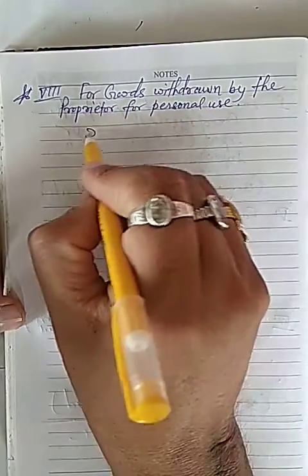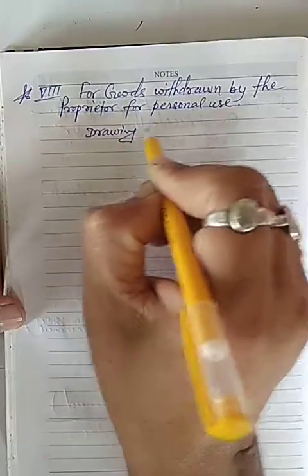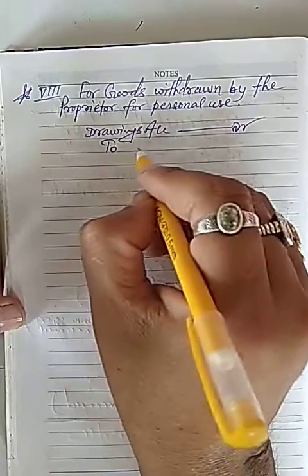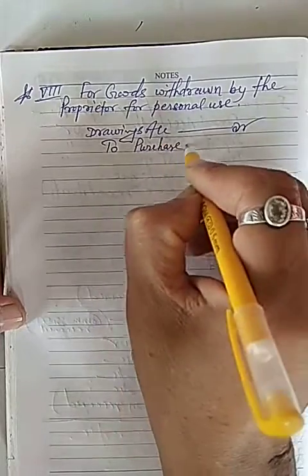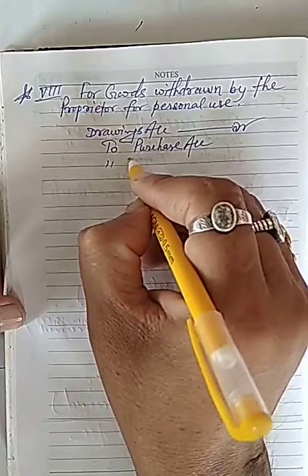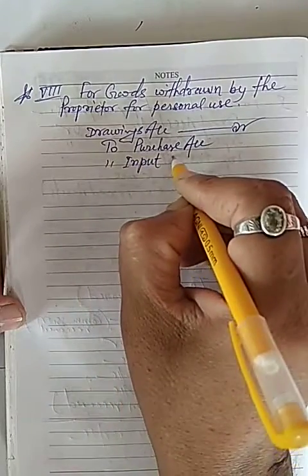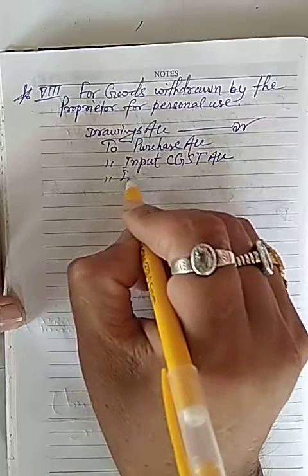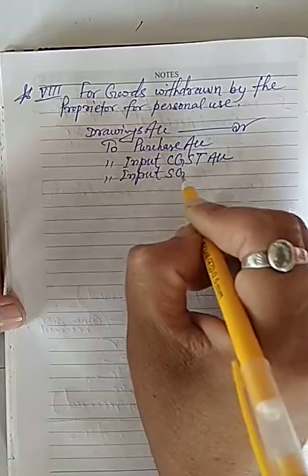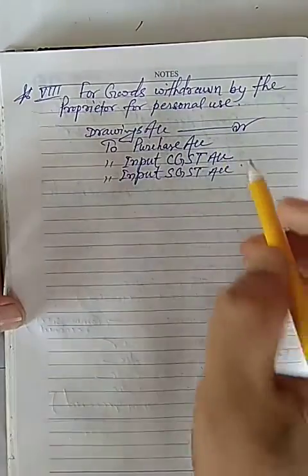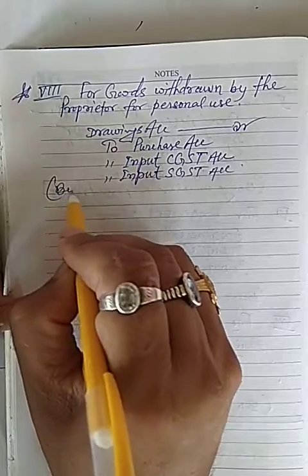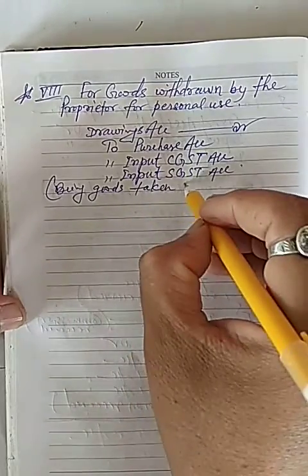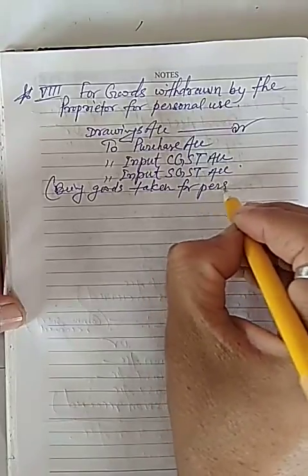Journal entry will be: drawings account DR, to purchase account, to input CGST account, to input SGST account. Goods taken for personal use.